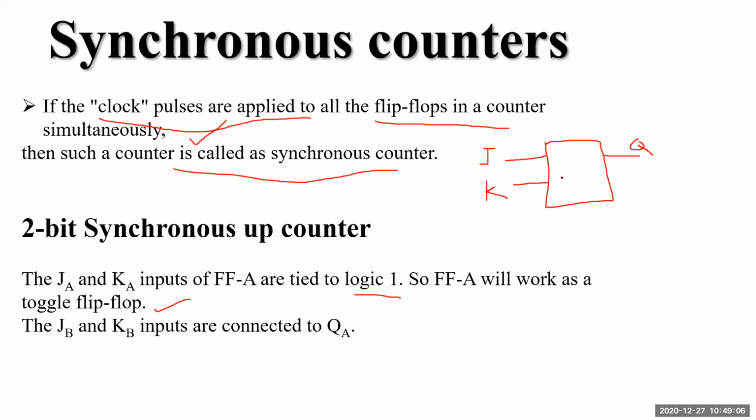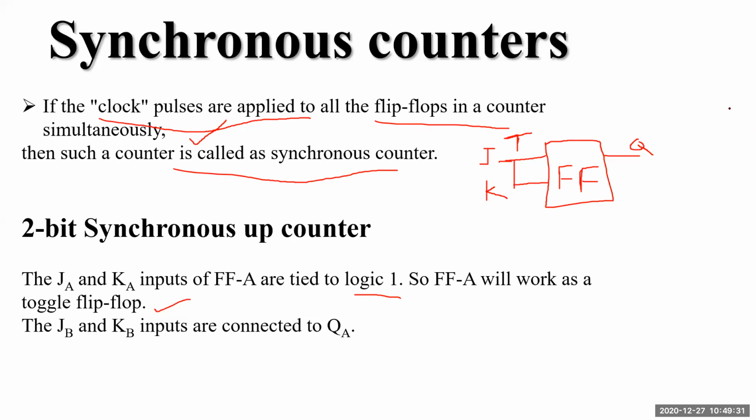If this flip-flop has to be converted into a T flip-flop, if you are able to use these two inputs as one input, whenever the shorting of these two inputs has been done, then this flip-flop will be called a T flip-flop. That's a conversion of one flip-flop to another flip-flop. This is called converting a JK flip-flop into a T flip-flop.